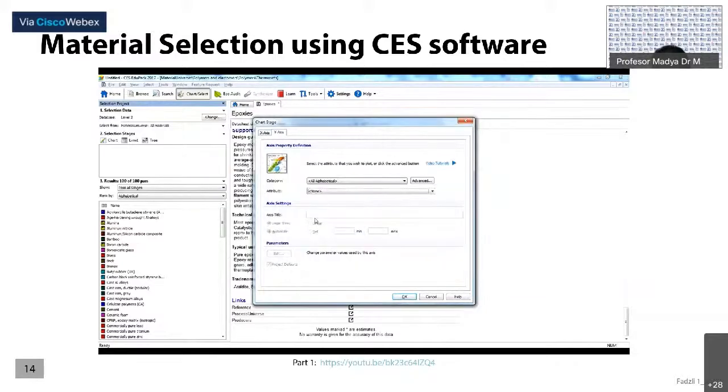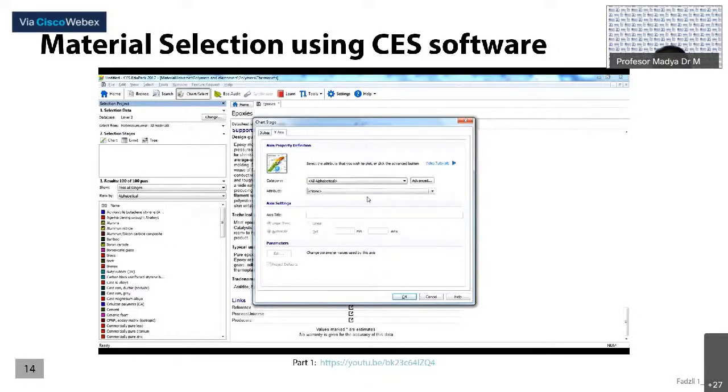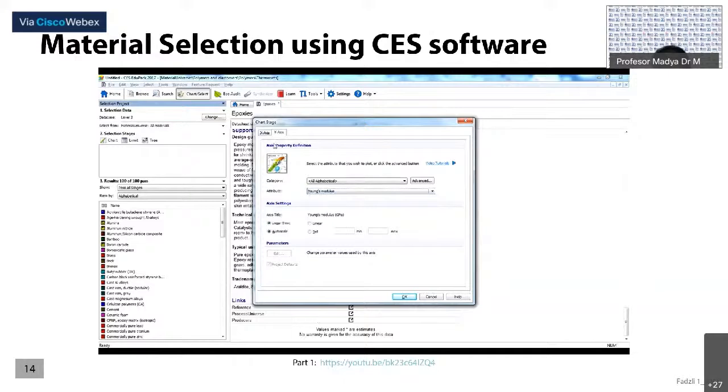So if I go back to the task explanation, I have to have Young's modulus in the y-axis and density on the x-axis. So I go back there, and for the y-axis I have Young's modulus. So I go all the way down this attribute list and select Young's modulus.